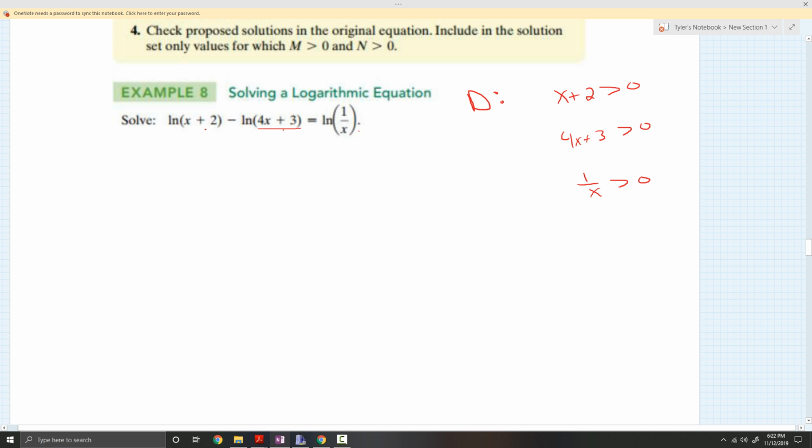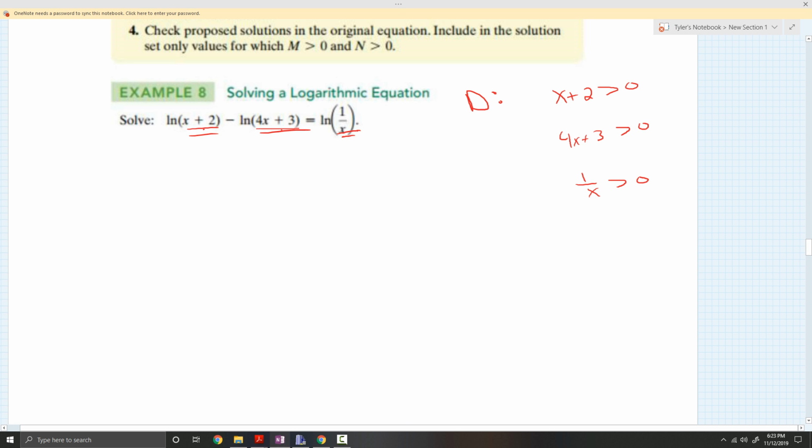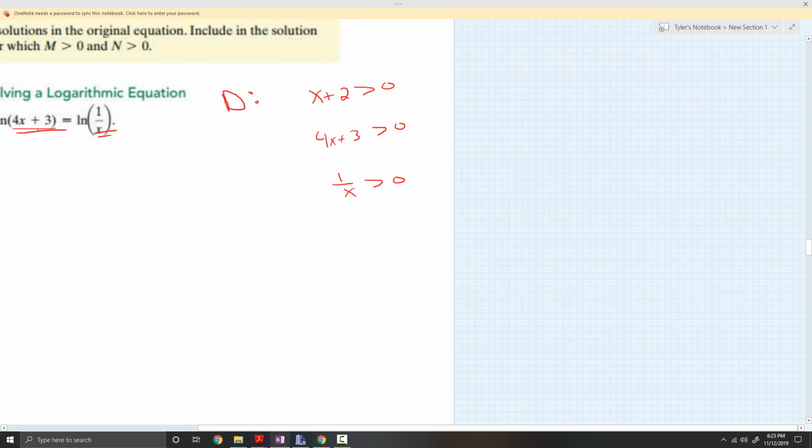So we take each of these parts, put them greater than 0, and find what's common between all of them. The last one's pretty easy. x could be any number, except x can't be 0, because we can't divide by 0.